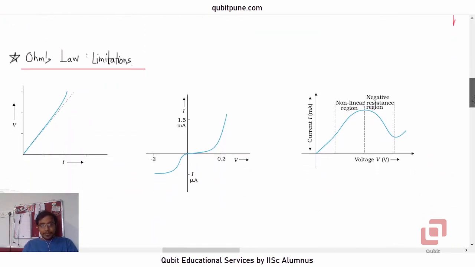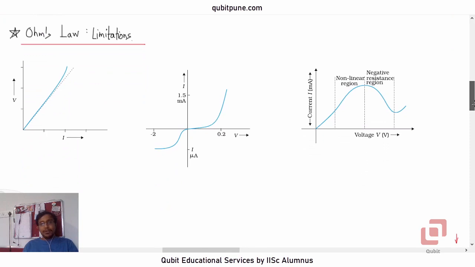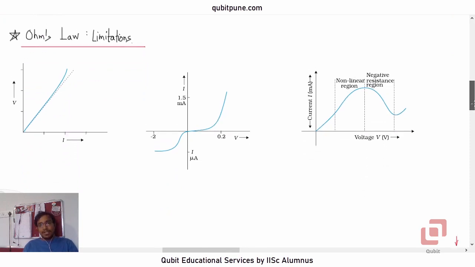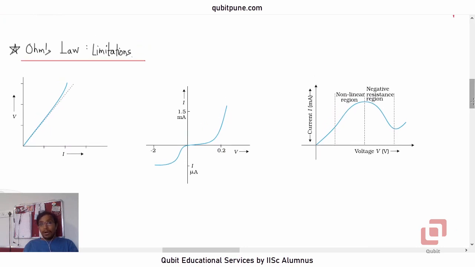Alright, now having seen both the old and the new versions of Ohm's law, please note that Ohm's law is not applicable to all of the conductors, or rather all of the materials that exist. And even for conductors, the linear relationship between voltage and current is approximate.